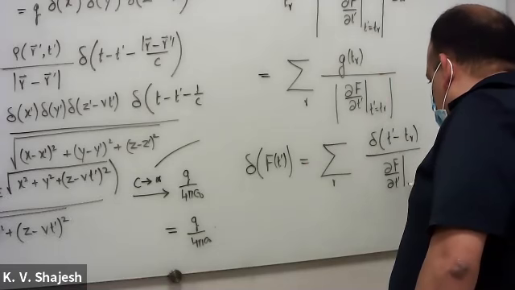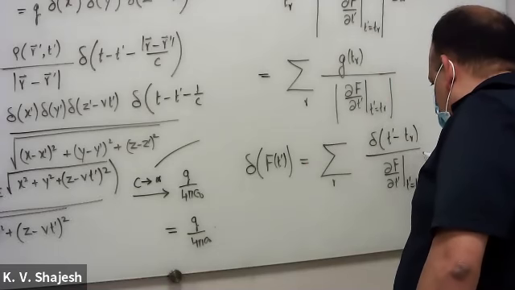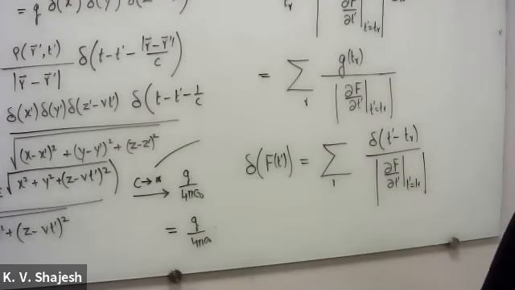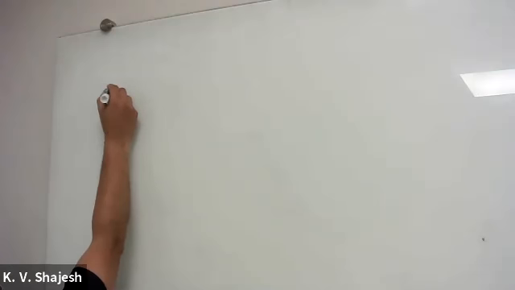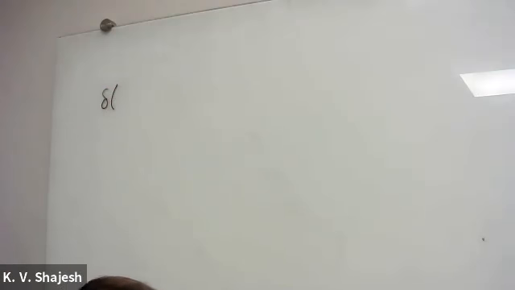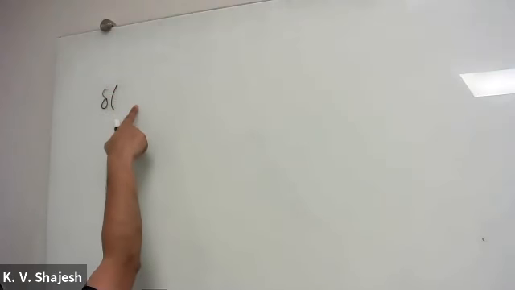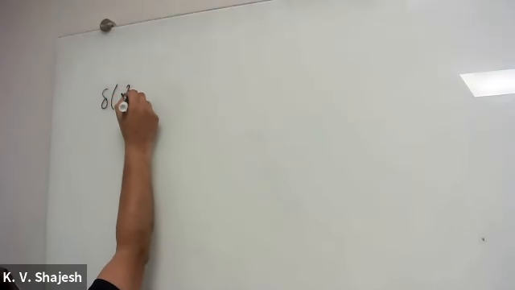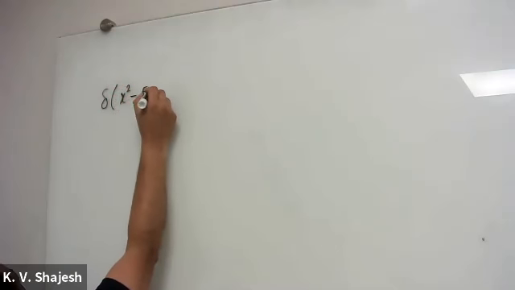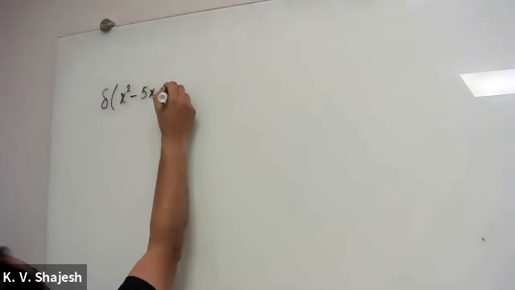Let me do an example so that it clarifies what we're doing here. So the example is, let us say we have the delta function of x squared minus 5x plus 6.